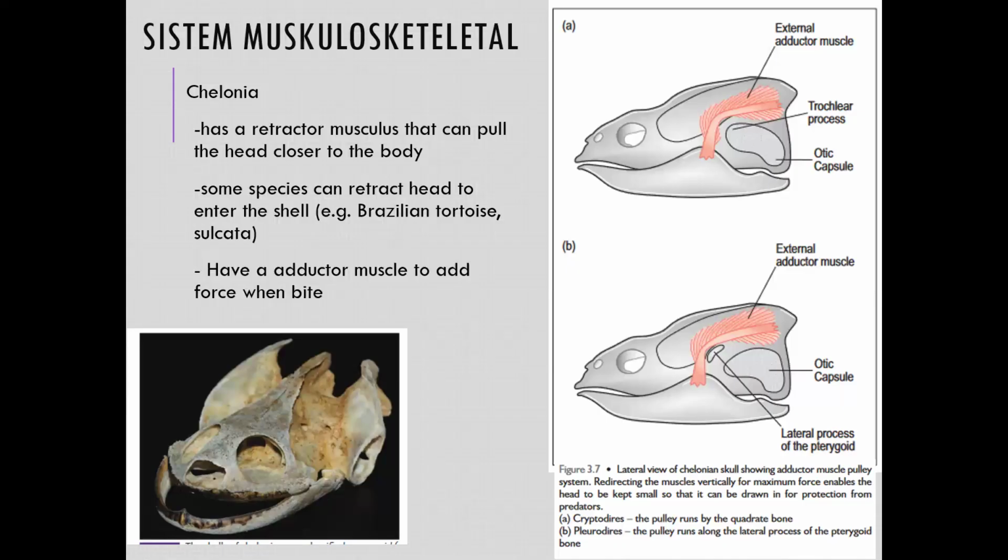But in other species, especially sea turtles, they cannot retract their head into the shell. And they have an adductor muscle to add force when they pat their foot on their prey.